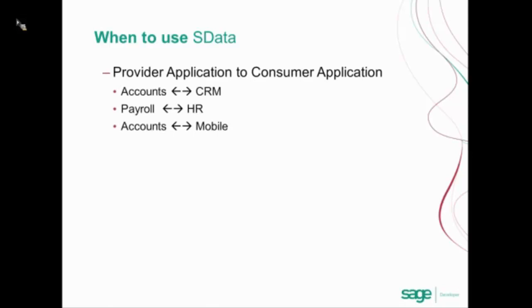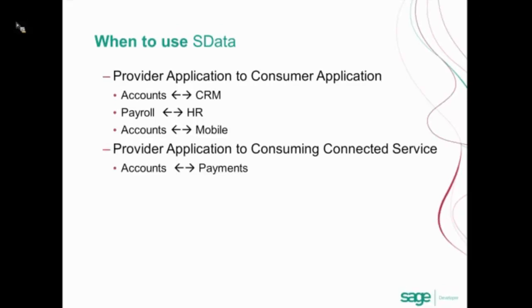These can be on-premise or they can be online versus on-premise. So typically CRM could be an online application and accounts would be an on-premise application. Obviously mobile would be a roaming application, whereas accounts could be either on-premise or in the cloud, depending on where the provider is sitting.